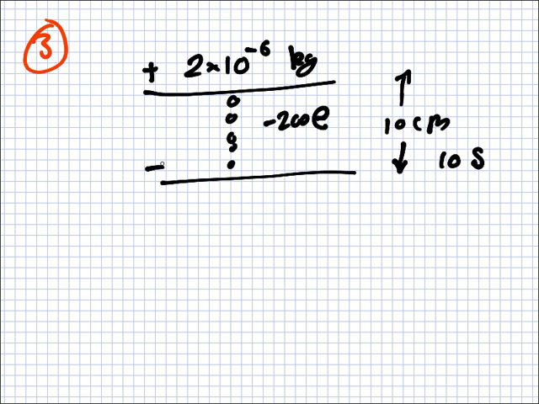Why? Imagine you have 10 centimeters, so that's about this big, okay? If I just drop something, how long would it take to fall? Not long, maybe less than a second. How long did it take this particle to fall? 10 seconds. So what must be happening is that the top plate is positive, the bottom one is negative, and this particle is negative.